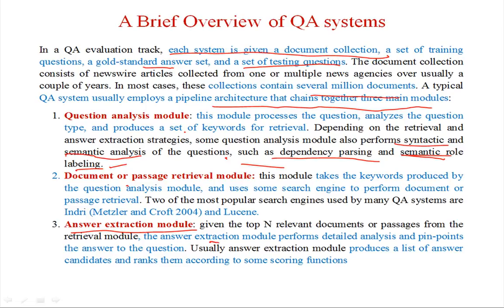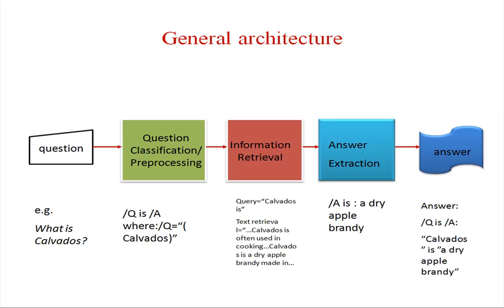The answer extraction module performs detailed analysis and pinpoints the answer to the question. Usually, the answer extraction module produces a list of answer candidates and ranks them according to their scoring functions. So this is the process traditionally used for automatic question answering systems. This is the general architecture for question answering systems.